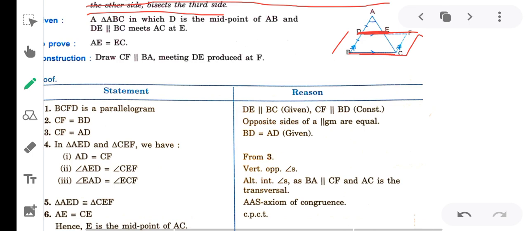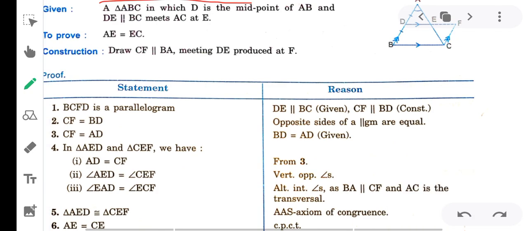Opposite sides are parallel, that means BCFD is a parallelogram. Clear? Now if BCFD is a parallelogram, then opposite sides are parallel and equal, so CF equals BD, and CF equals AD also.